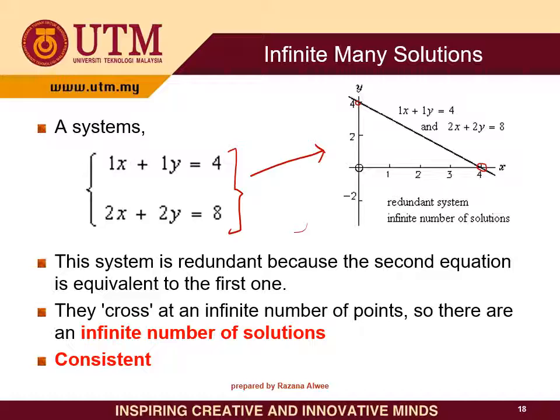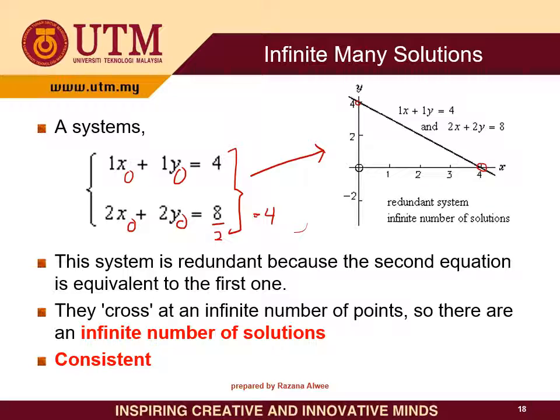If you put y as 0, x will be 4. If you put x as 0, y will be 4. For the second equation, if you put y as 0, x divided by 2 becomes 4 as well, and if you put 0 for x, y also becomes 4.